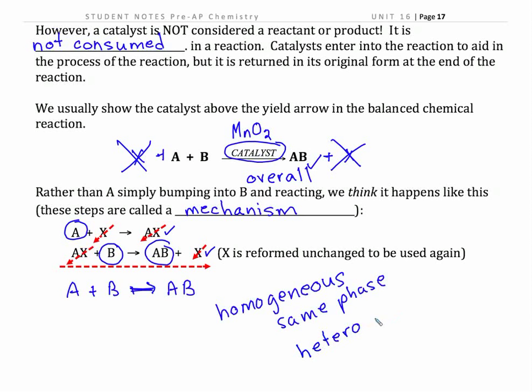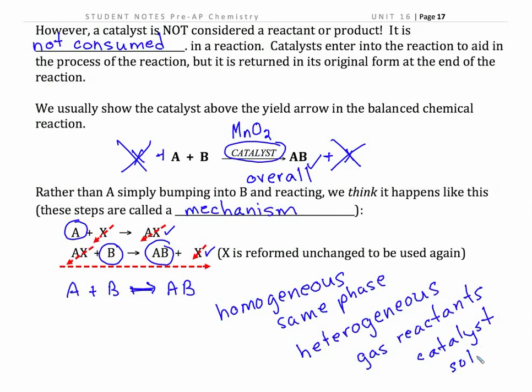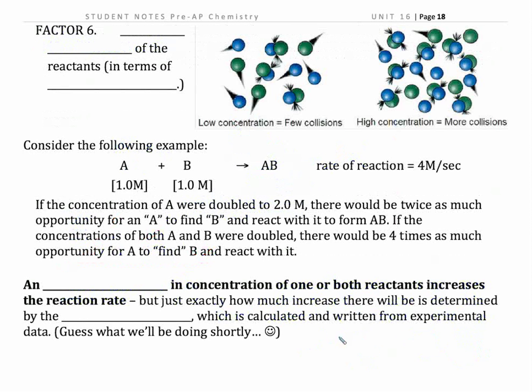And we have heterogeneous. If you know what a catalytic converter is in a car, it's a heterogeneous catalyst. In that case, we have a gas phase reactant, and the catalyst is a solid. Okay, so that's just some of the terminology.